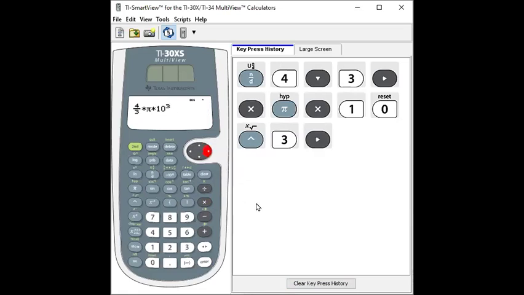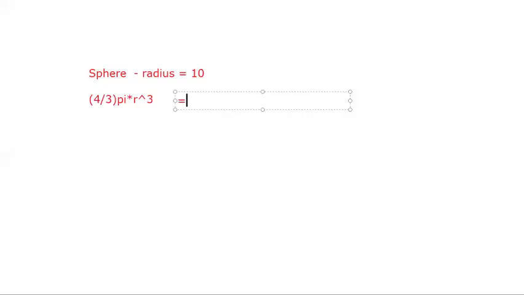Directional pad to the right will get you off the exponent line, and hit enter. 4,188.79 is your final answer. And that is cubic units, whatever it's in. Okay? Easy peasy.